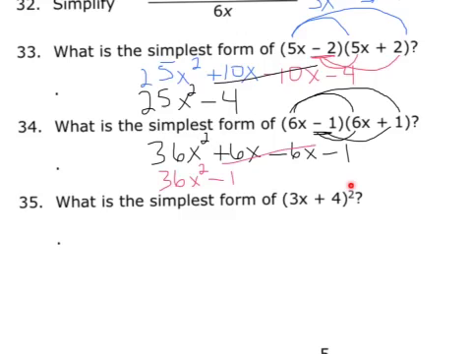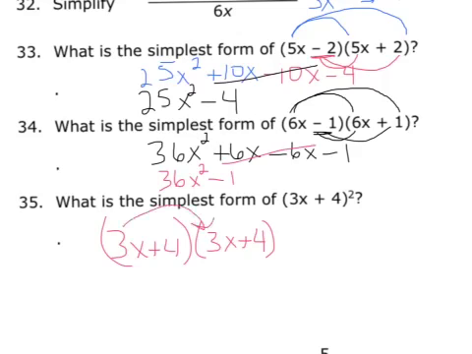It means take whatever that piece is or whatever value it is and multiply it times itself. So I'm going to write this out as 3x plus 4 times 3x plus 4. I will then follow the rules for distributing. So 3x times 3x is 9x squared. 3x times 4 is 12x.